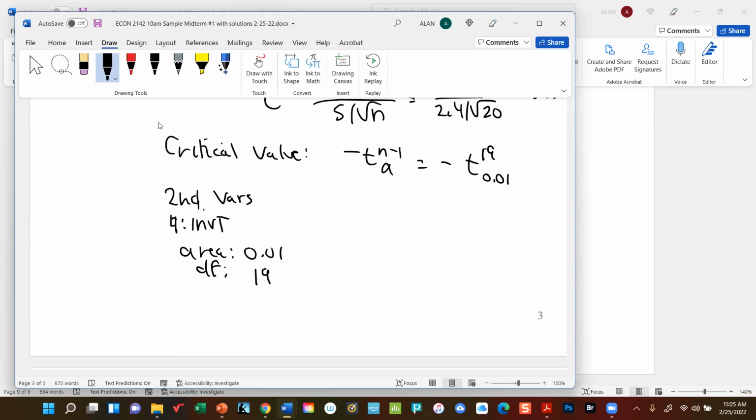InvT, area 0.01, left tail is 0.01, and we have 19 degrees of freedom. Oh, I made a typo. All right, so the critical value is negative 2.539.